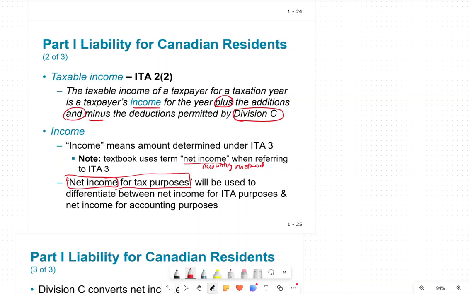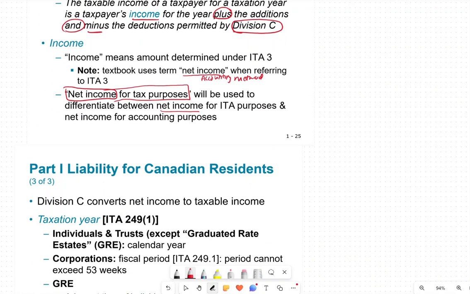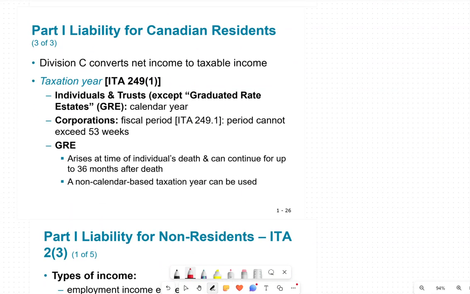There's a difference between net income and income for tax purposes. Net income uses the accounting method, while income for tax purposes uses the Income Tax Act methods. So we convert the net income into taxable income.